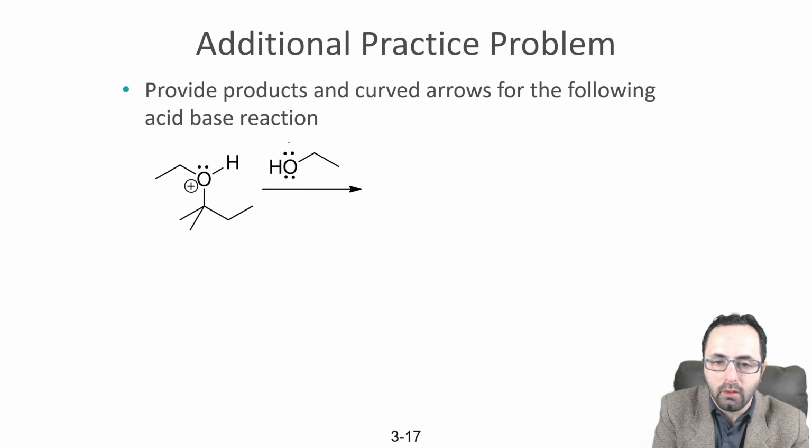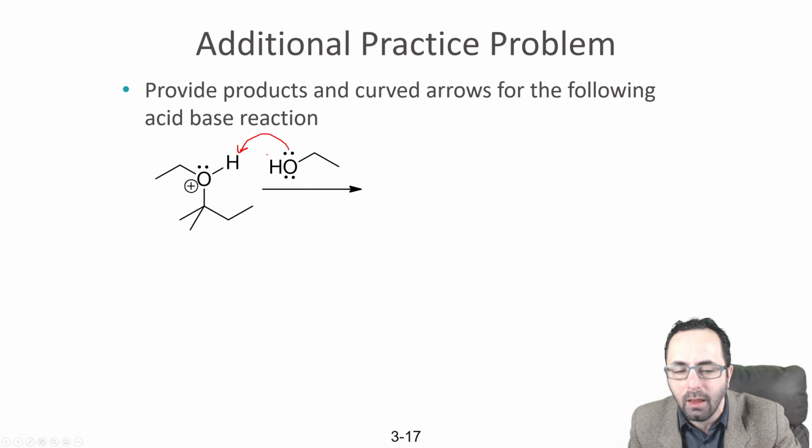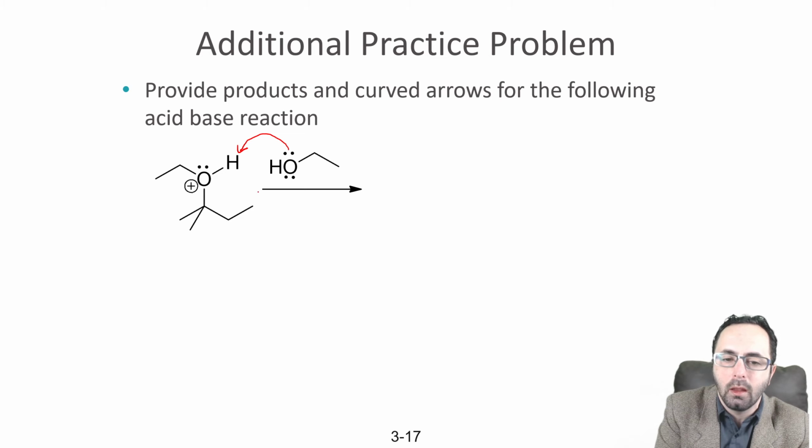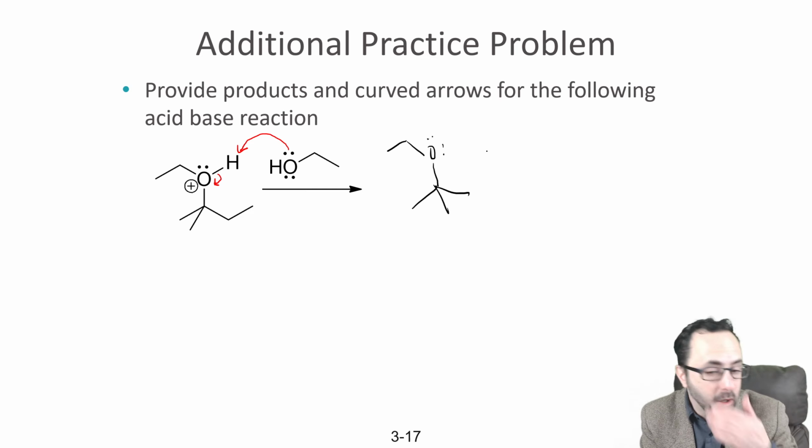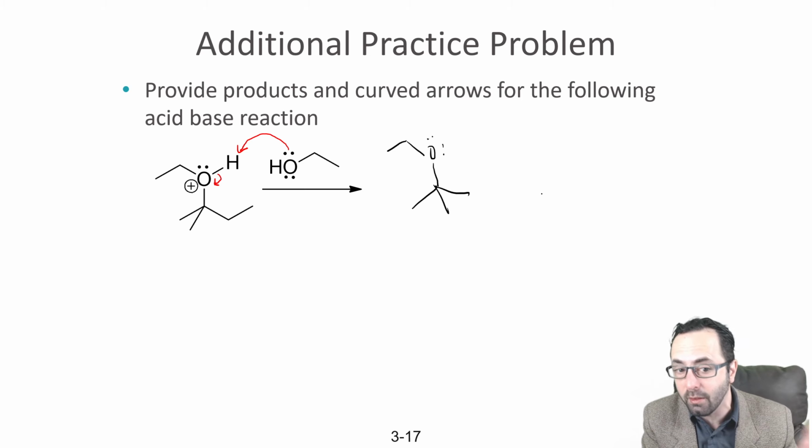And so we'll draw some arrows. Since this is the base, it's going to grab the H+, it's going to attack it, we say, and make a bond with it. And then the acid is going to leave as an H+, so it's going to leave both of these electrons behind. Now we can write the resulting structure with the 3 bonds to carbon here. We have this oxygen, which now has 2 lone pairs and 2 bonds, and so it's much more stable. That's part of the reason why it's so acidic.